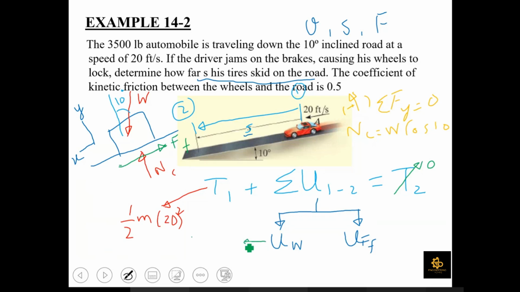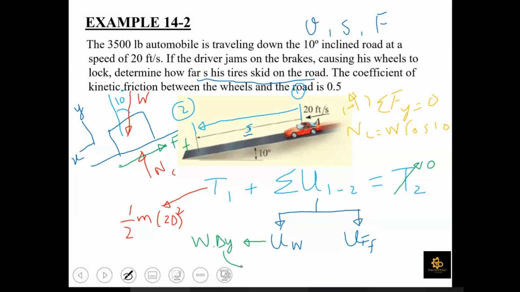Now evaluating each of these terms one by one. Work done due to weight, as per our previous discussion, it would have a magnitude of W times delta Y, isn't it? Yes, sir. Okay. What is delta Y here? 20 sin 10. थोड़ा सा और से देख के मुझे बताएं. S sin 10. ये 20 वाला कौन था? सर वो velocity से.